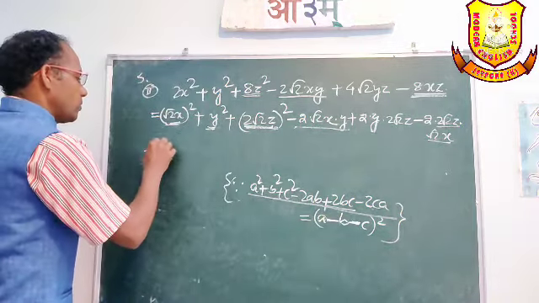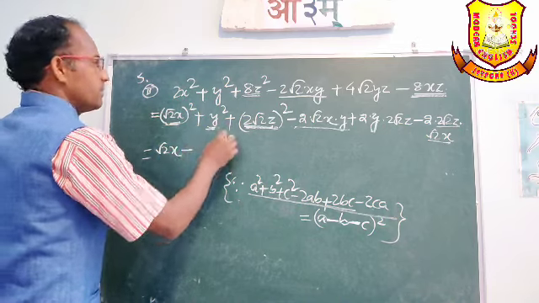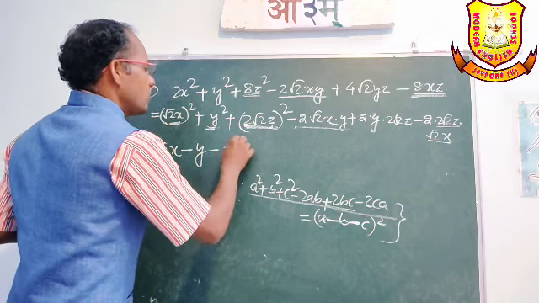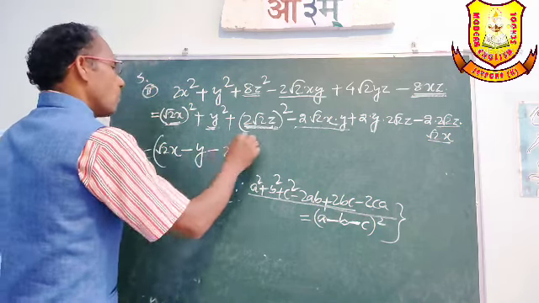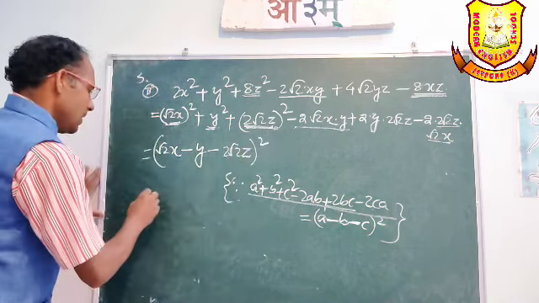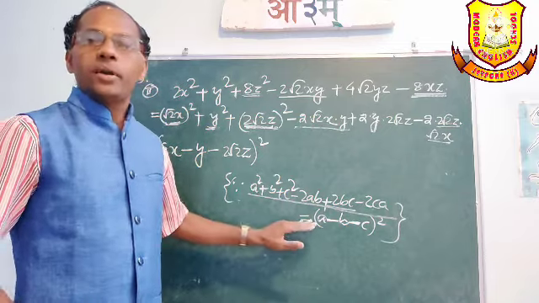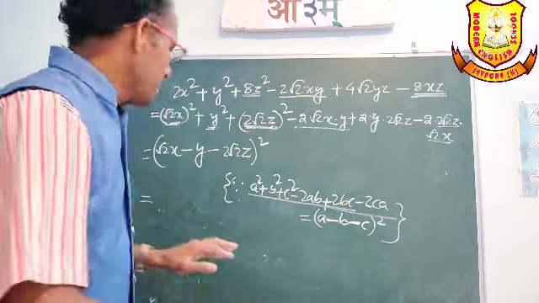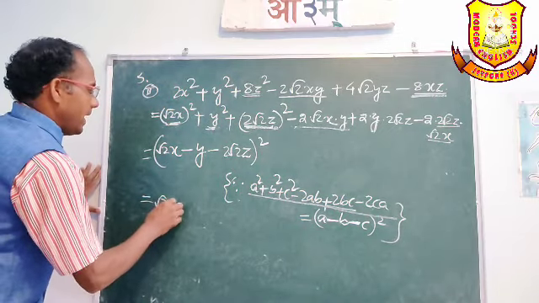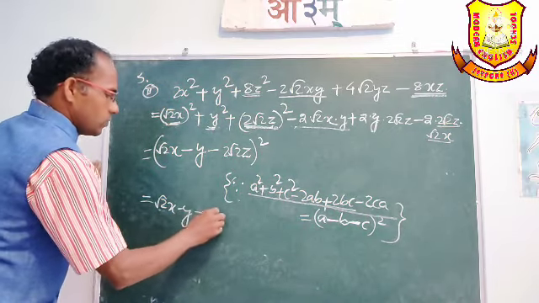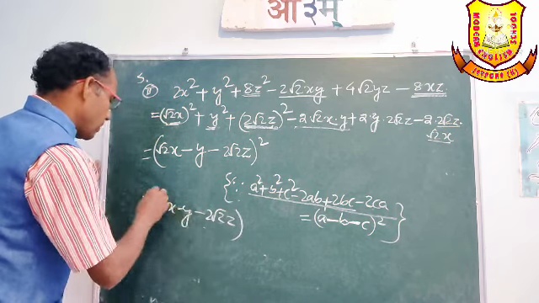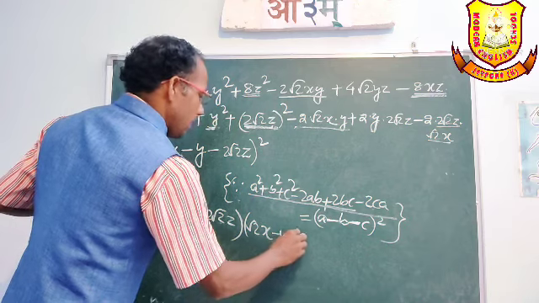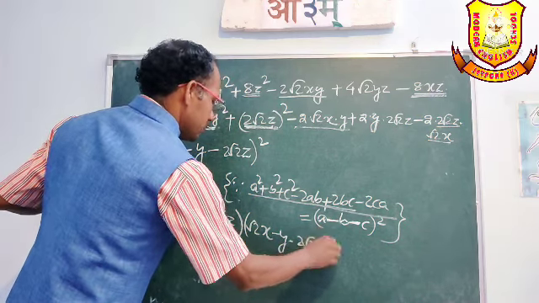So a equal to root 2x, minus b is y, minus c is 2 root 2 z, whole square. That equals root 2x minus y minus 2 root 2 z whole into root 2x minus y minus 2 root 2 z.